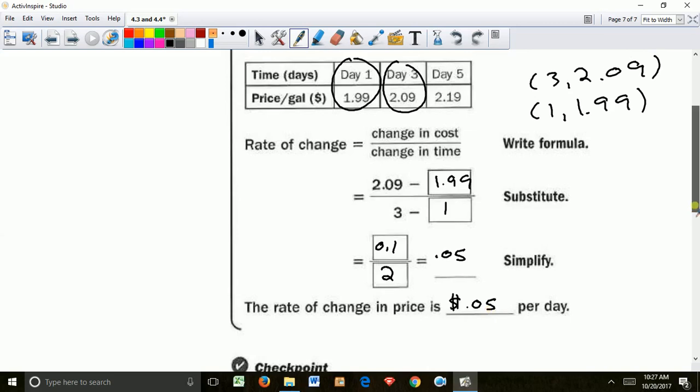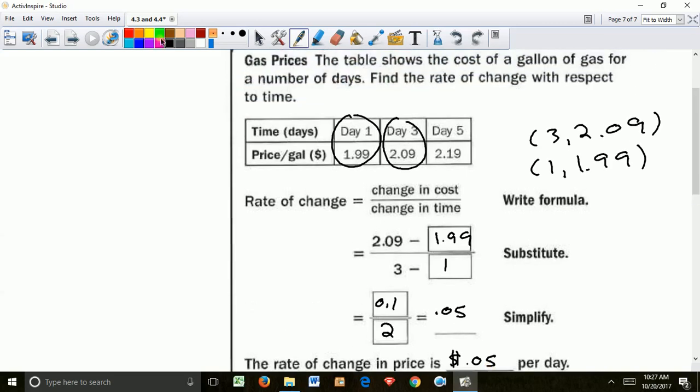Another way you could calculate this without using the slope formula is this. Since this is a linear equation, day 1 going up to day 3 is an increase of 2. 1.99 going up to 2.09 would be an increase of 0.10. Since you're taking the change in cost over the change in time, you can take the ratio of those two.